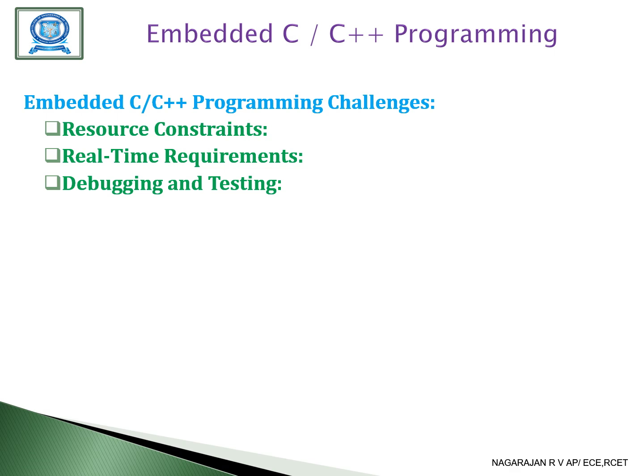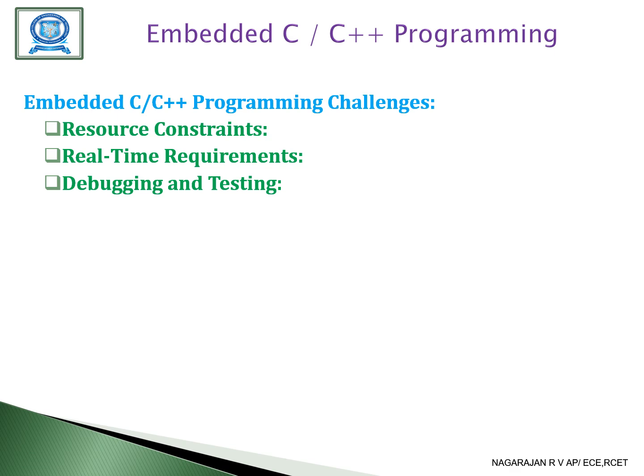Next one is embedded C++ programming challenges. What are the challenges faced when designing embedded C++ programs? First one is resource constraints. Embedded systems typically have limited memory and processing power, requiring careful management of resources to ensure that the software runs efficiently and reliably.